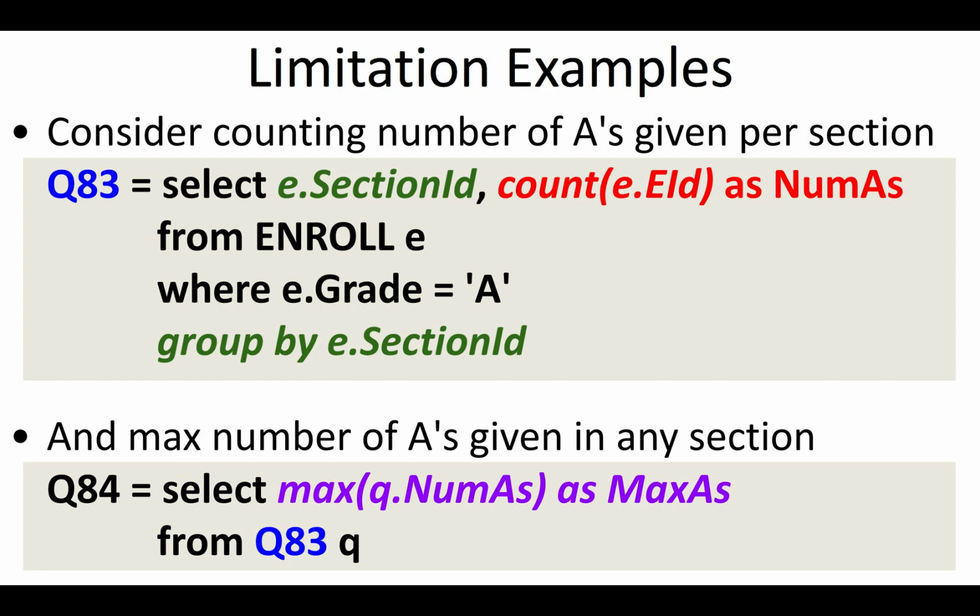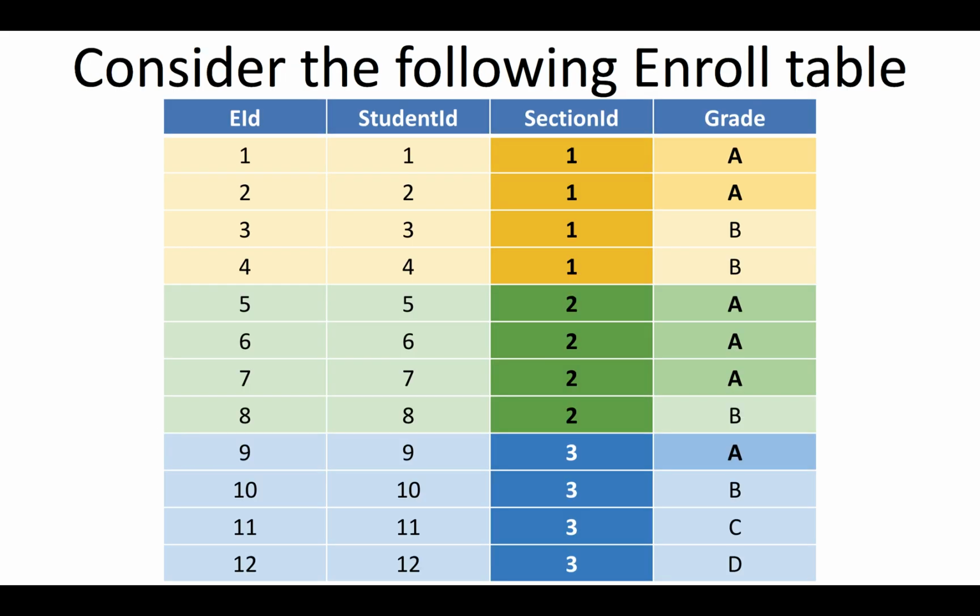I have this table, the enrollment table, and I have the enrollment ID, the student ID, the section ID, and the grades.